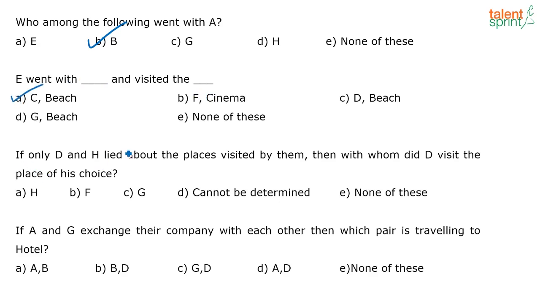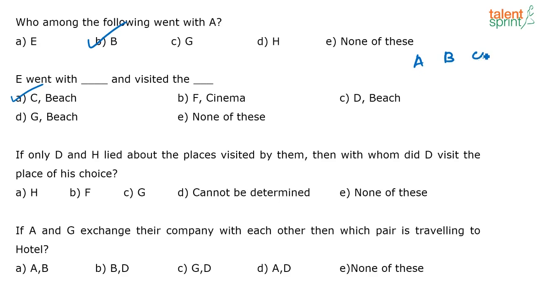Next, if only D and H lied about the places visited by them, then with whom did D visit the place of his choice? So, okay, what was the arrangement that we got? Let me just write that down here.